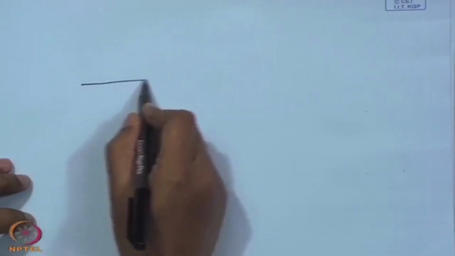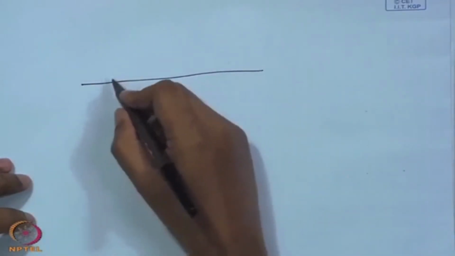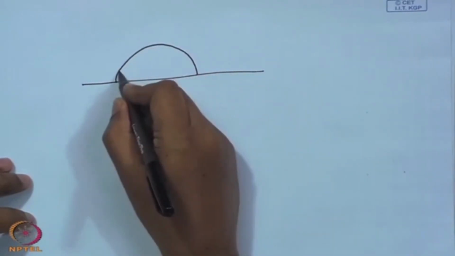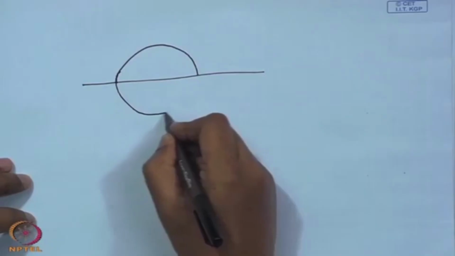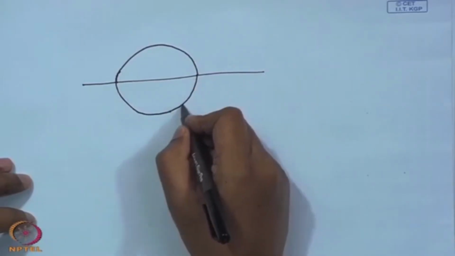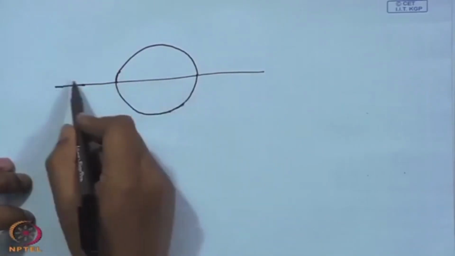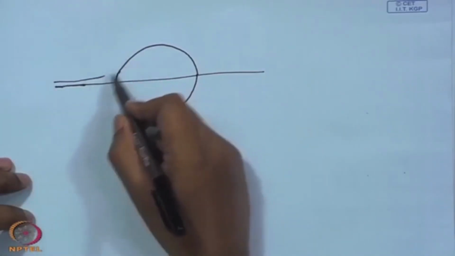Think about a solid oval, then of course, there is no flow, or even if it is a hollow oval, there is no flow inside. We are not interested in it.